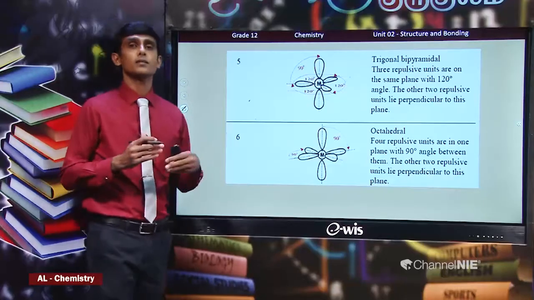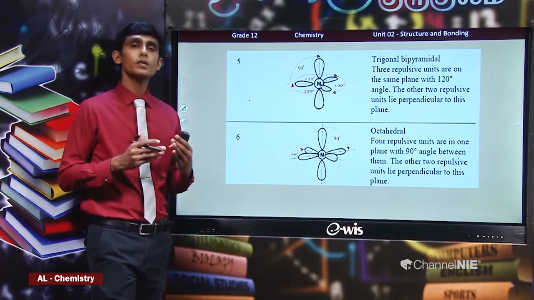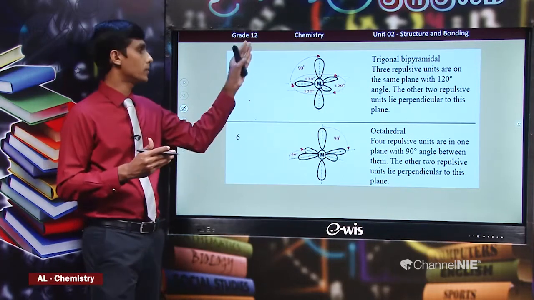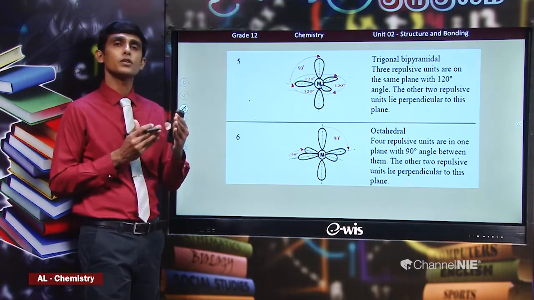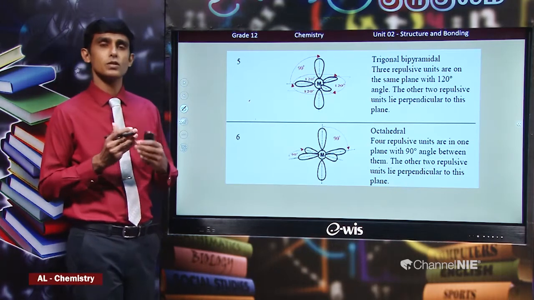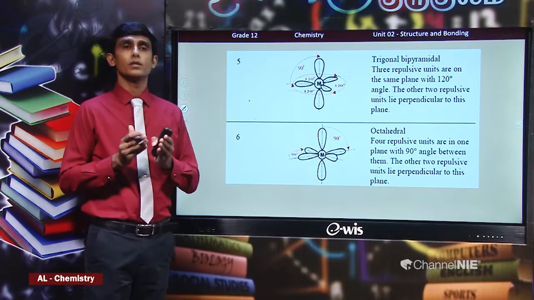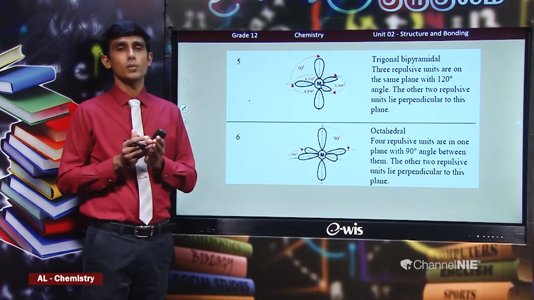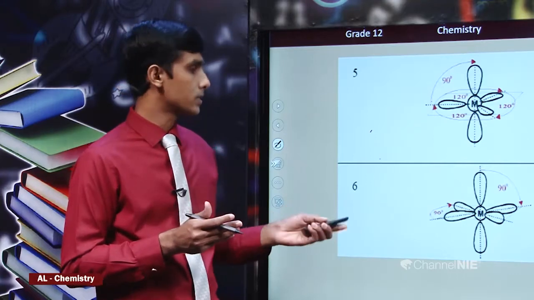But there are a number of other shapes, other geometries which are derived from these basic geometries based on the presence of lone pairs. We will see what those derived geometries are.